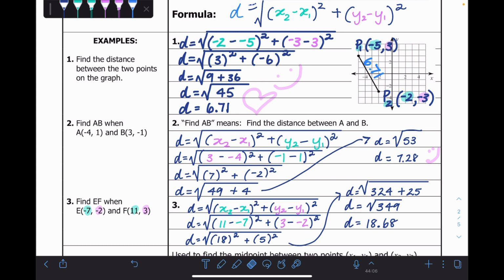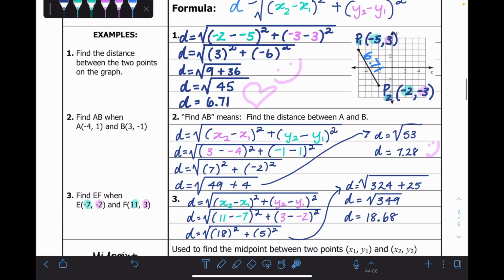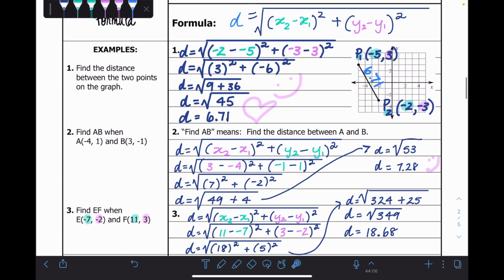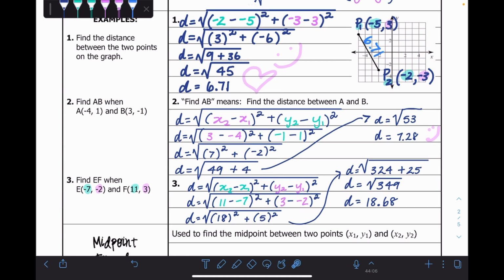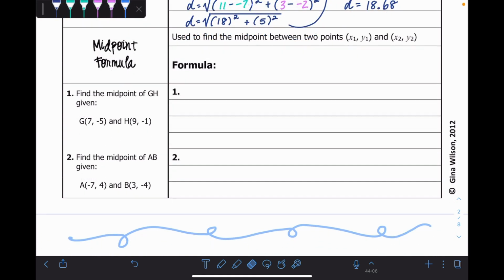There are some questions which specifically ask you to calculate the distance, so go practice a whole heap of those. If you need to look back and check these examples, you totally can. That's all good. So have a pause and then continue on shortly, and we'll look at the midpoint.